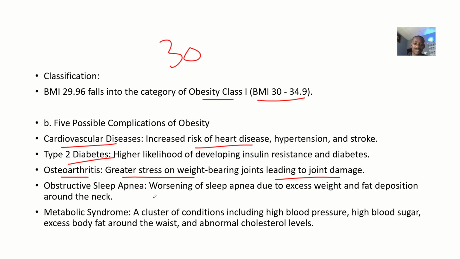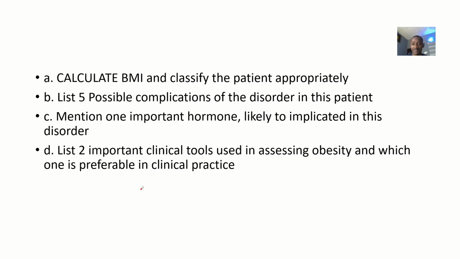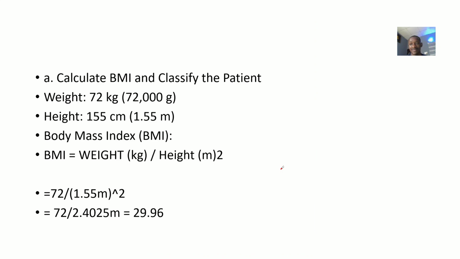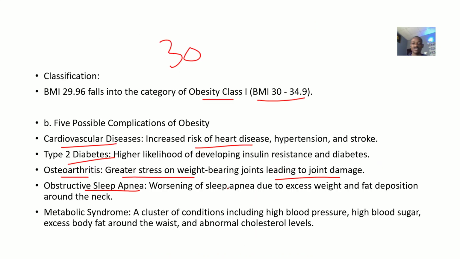Then there will be obstructive sleep apnea, like she had. So they even gave you all this. She was not saying she has sleep apnea. This is worsening of sleep apnea, they are struggling to sleep, due to excess weight and fat deposition around the neck.